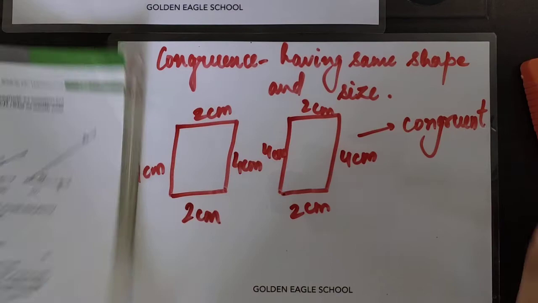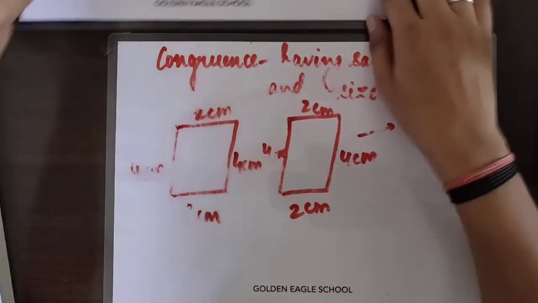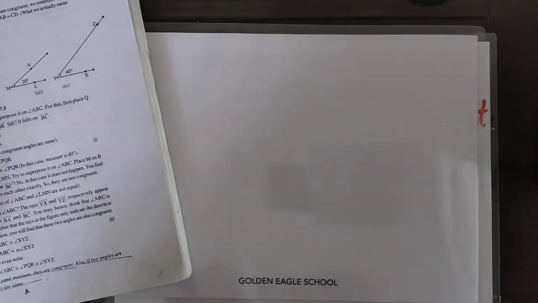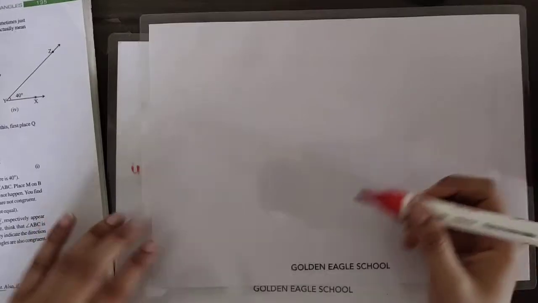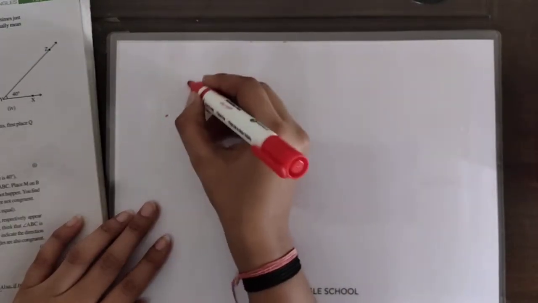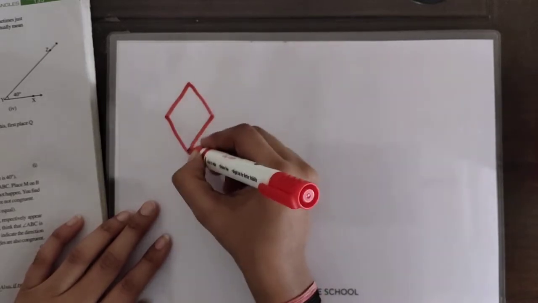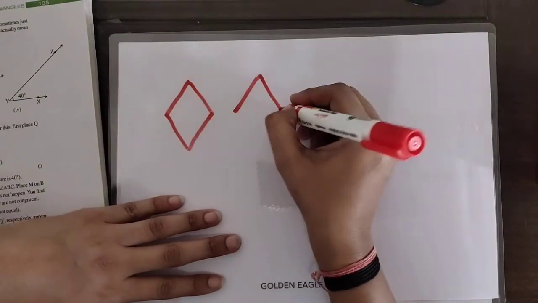So this is about congruency of plane figures. Now let us see an example of plane figures. If I say this is a plane figure, now similar to this is this plane figure.